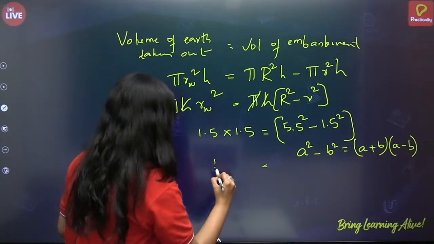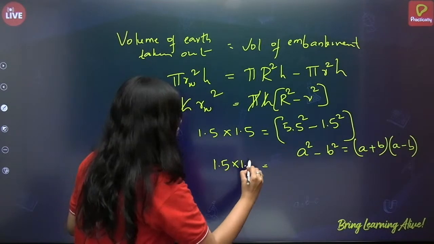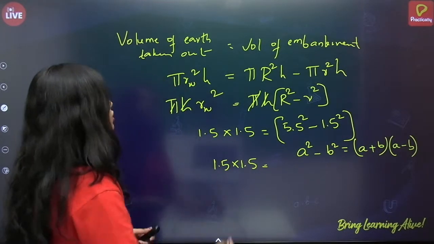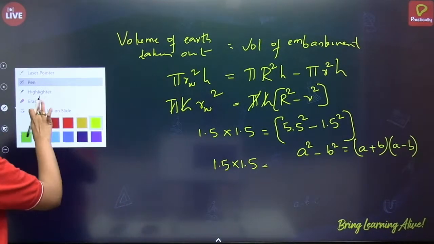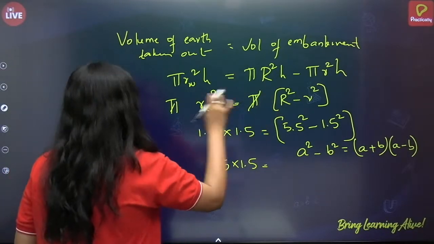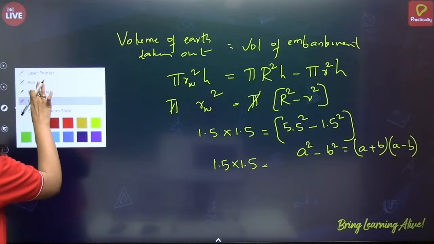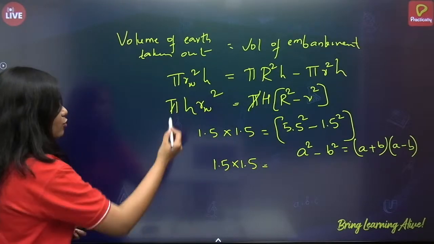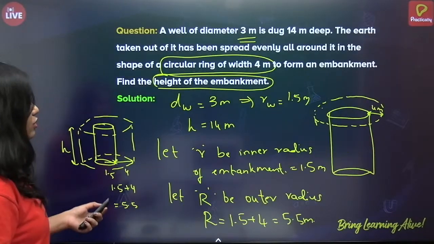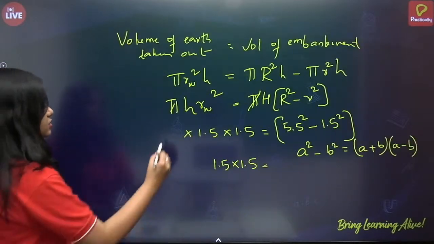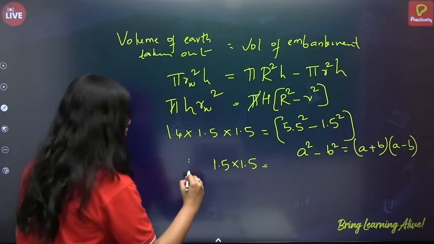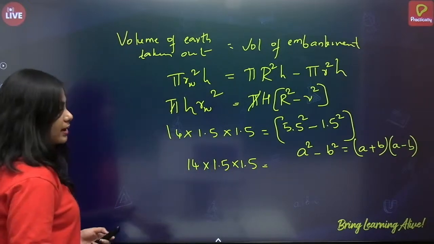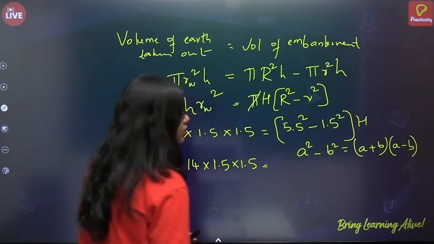So let me write 1.5 into 1.5. Alright, so this is where we made a mistake. This height and this height are different, correct? This is h. So what is this height now? What is the height? 14 meters. So it is 14. Okay, so this is h. H is what we have to find.